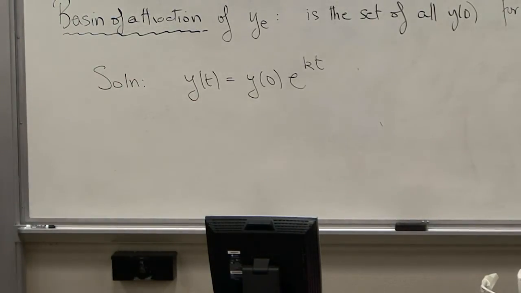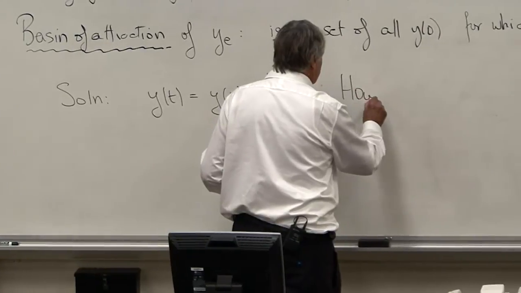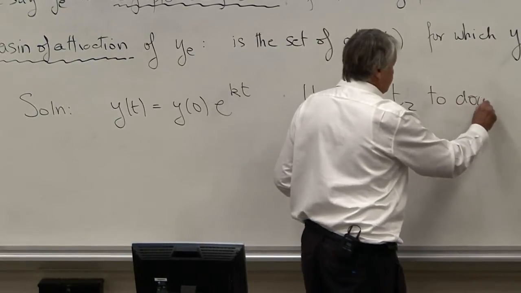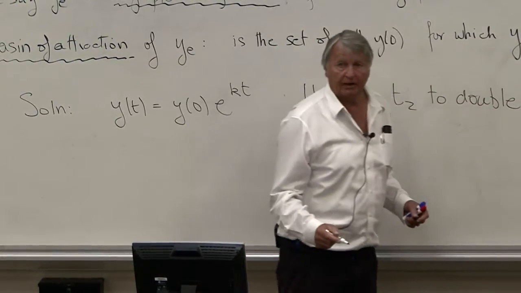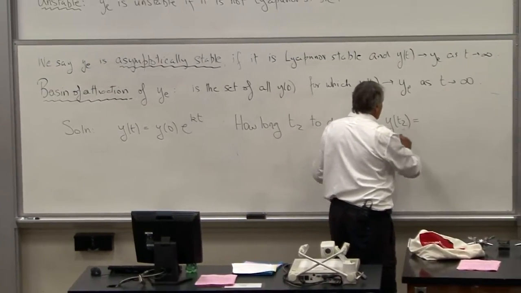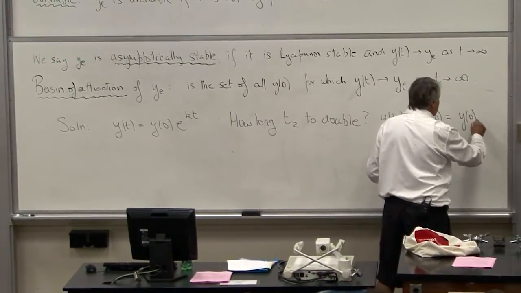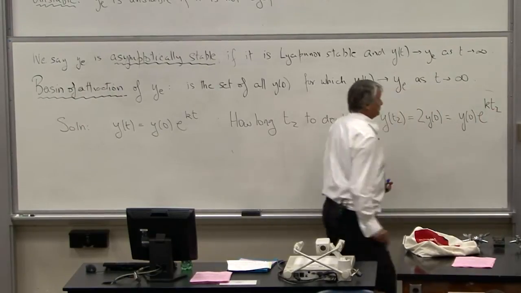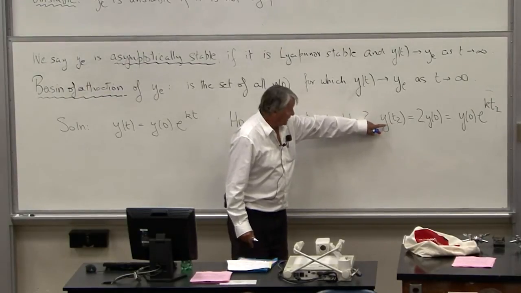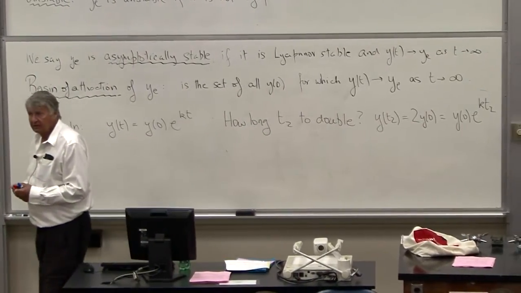So the first question I might ask is, how long does it take a population to double? Namely, at what time t2 is y of t2 twice y of 0? But y of t2, of course, is y of 0 e to the k times t2. I'm asking for the time t2 when y will be twice its original size.